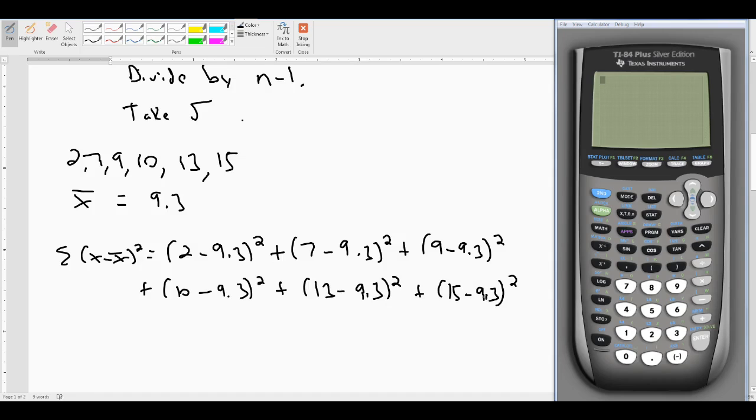I'm going to square all those and add them all up. The reason why I'm using this calculator is because I can just type it in all at once. You may have to do that separately if you're using certain graphing calculators.